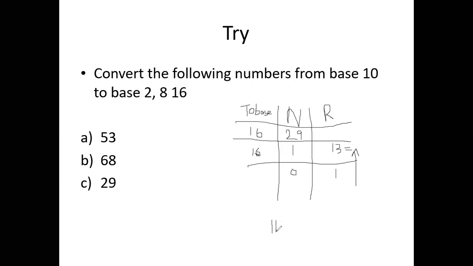So if I convert to base 10, this will be 1D in base 16. Okay, so I decided to do this so that I can show you how to deal with numbers like this one. When we convert like this, you can't write it as 113 in base 16, because the way it will be considered is this is in position 0, this is in position 1, and this is in position 2.